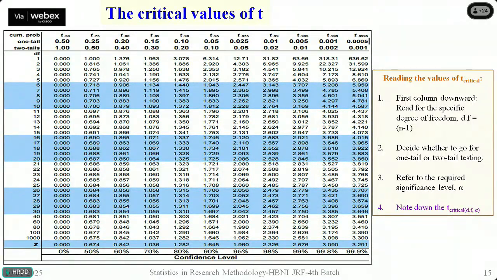Now underneath that it is written DF, that is degrees of freedom. In the T table, degrees of freedom is defined as number of data points minus 1, n minus 1. When you come down in that column, 1, 2, 3, 4, 5, 6 like that, the values are given up to a very large number, up to 1000.